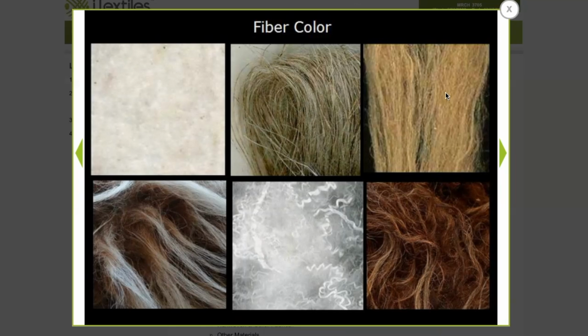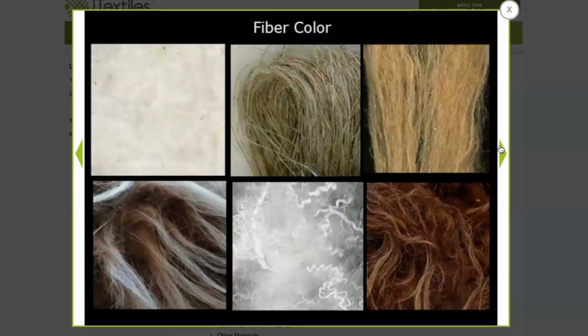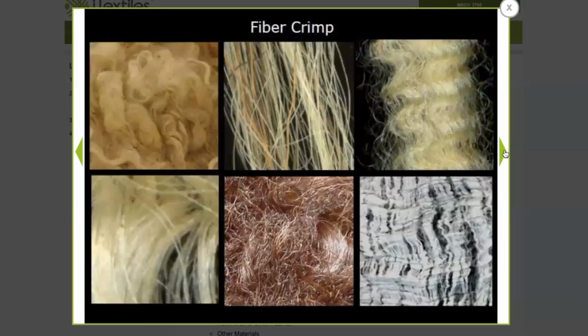This looks like wool, this looks like a synthetic. So you can see the colors of fibers. Cotton is generally off-white. Wool generally comes in the color of the hair of the sheep. Synthetics are usually like this color or transparent a little bit. So it really depends on your source.